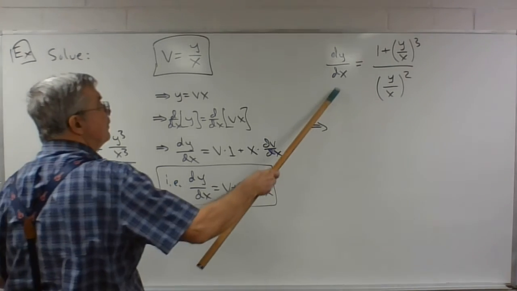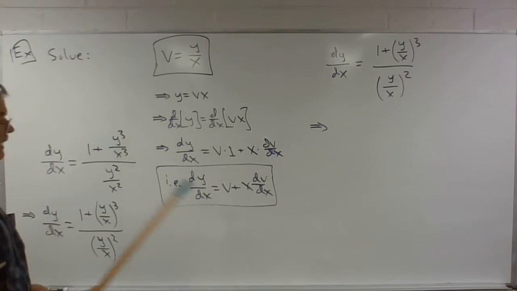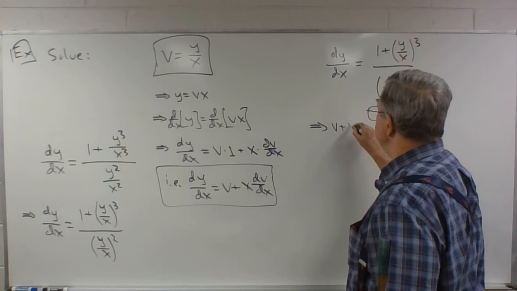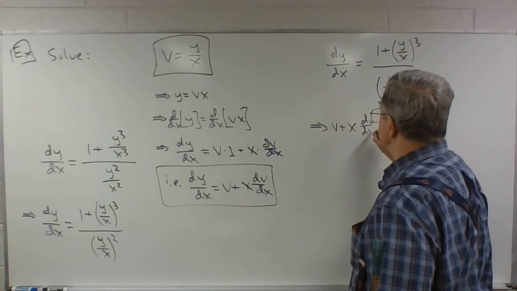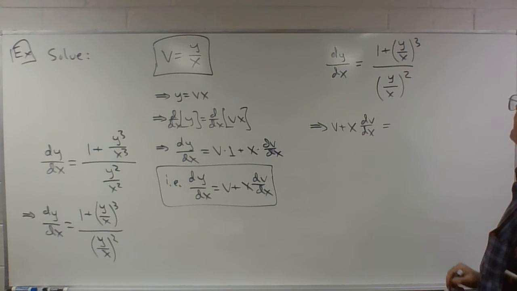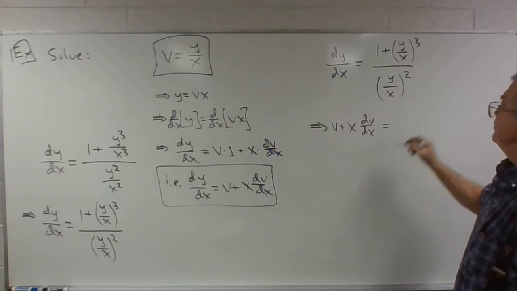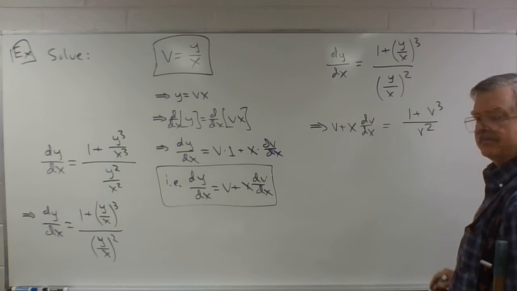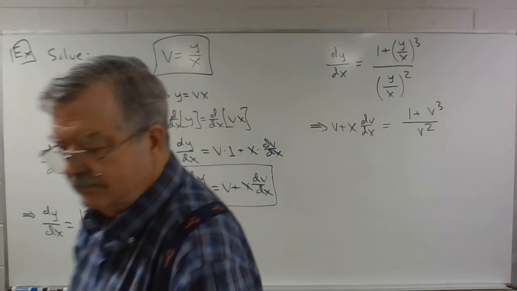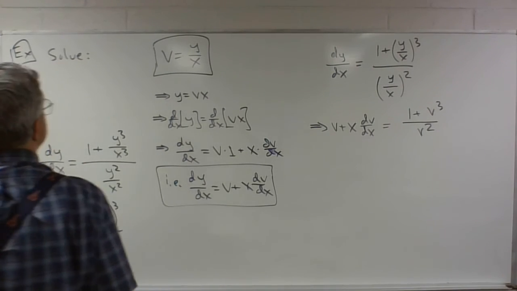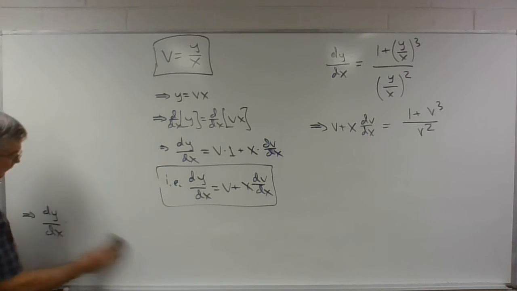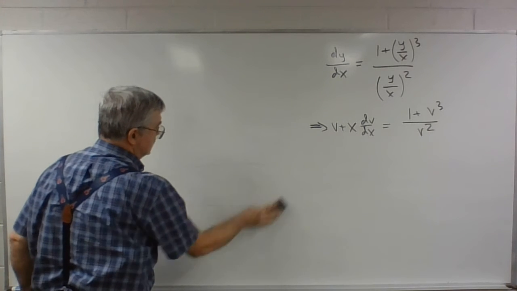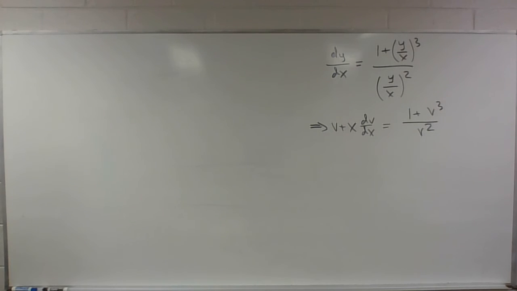First, we substitute for dy dx. That's this thing. V plus x dv dx. And then for y over x, we substitute v. Okay.